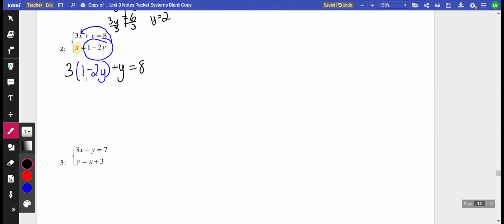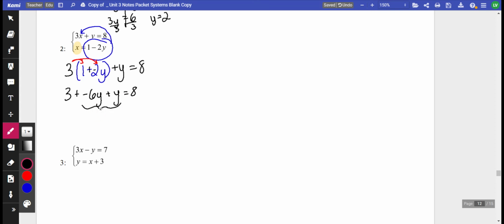But before I do that, there's subtraction between the 1 and the 2y, so I'm going to change it to adding a negative. Now I'm going to distribute this 3 to the 1 and to the negative 2y. 3 times 1 is 3, plus 3 times negative 2y is negative 6y, plus y equals 8.